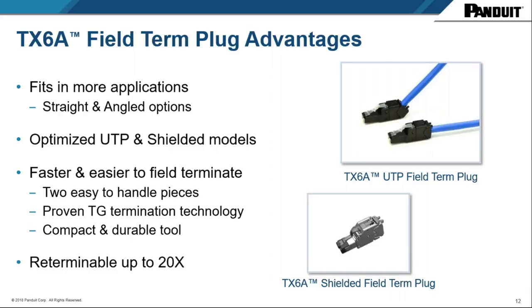Again, this termination technology has been used by Panduit for over a decade with literally hundreds of millions of jacks in the field. And again, the fact that both devices, either the UTP version or the shielded, will be re-terminable up to 20 times, so that if it has to be readjusted in the field for any reason, it's not an issue. You don't have to throw any parts away. You don't have to have extra parts on hand just to re-terminate.